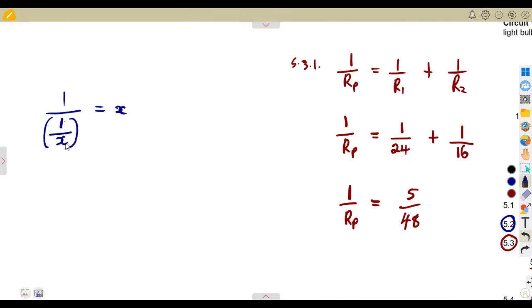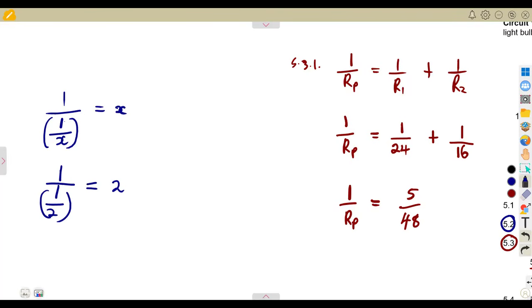If it's 1 over 2, it means this is equal to 2. It's just the inverse of that.